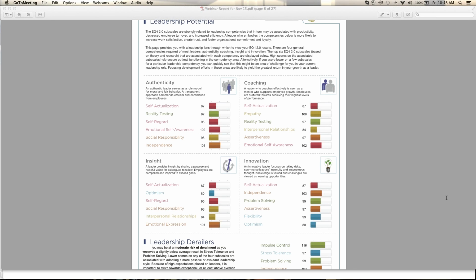And if you want to use this tool in your work, you can come and take the certification course from us, which certifies you to use the tool yourself. So we do both. We use the tool with our clients, and we also certify people to use it.